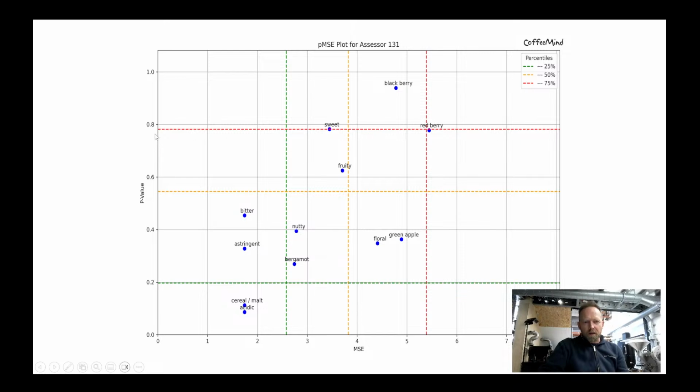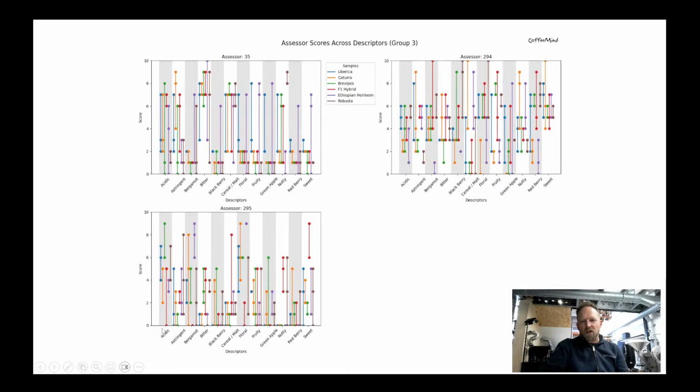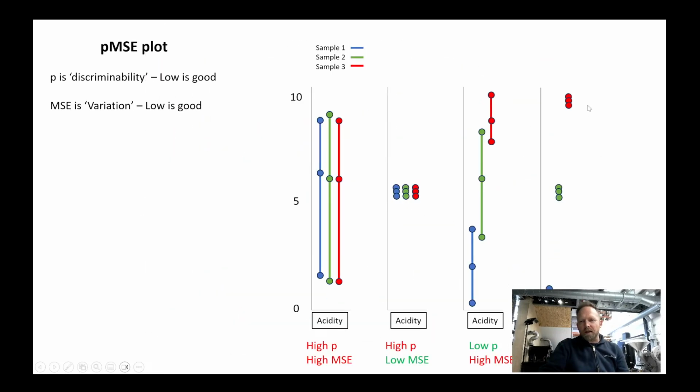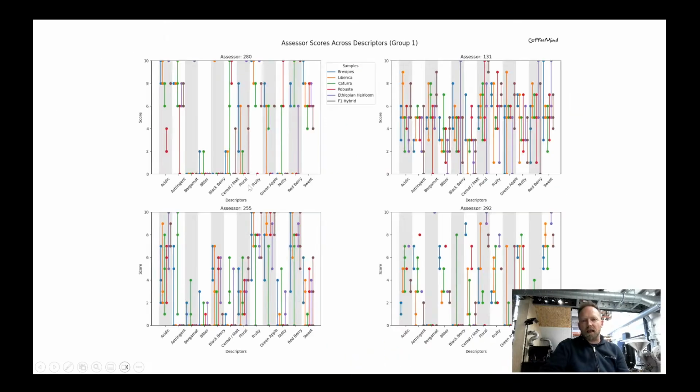So you want all the descriptors to be in the lower left corner, because this is where you show that you have the skills. In the lower left corner, this is the way your data looks: low p, low MSE. And then you can have any combination of low p or high MSE, or high p and low MSE. And this is what your data set looks like if that's the case.